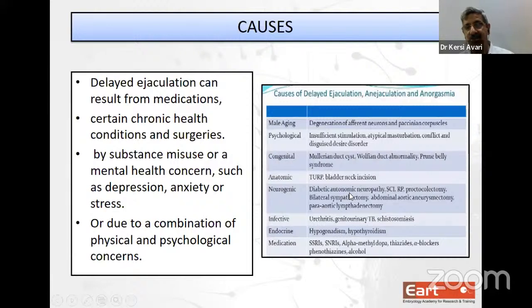Diabetes is mostly responsible. Infections, UTI, endocrine, hypogonadism, and hypothyroidism, and certain medications for other diseases which he is taking. So chronic health issues, anxiety, or a combination of all put together, most important being psychological concerns.